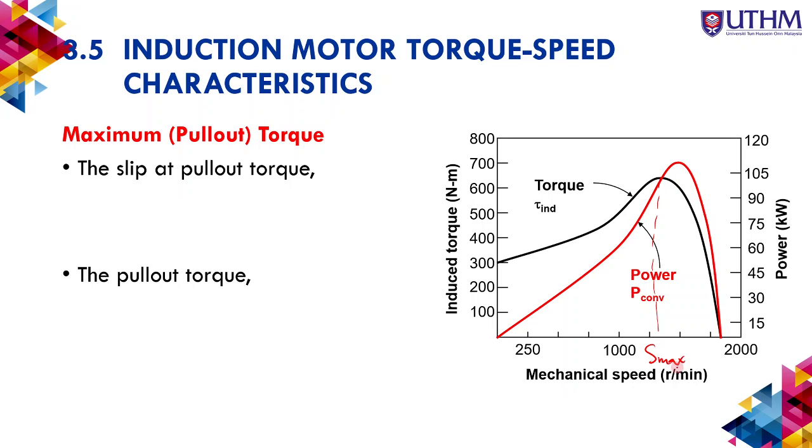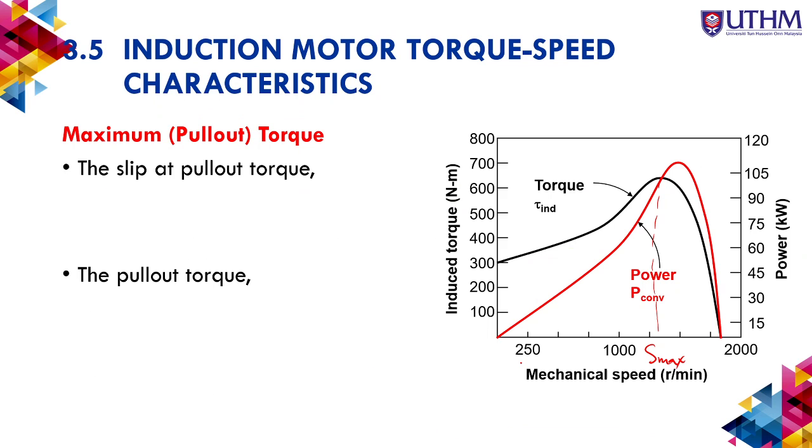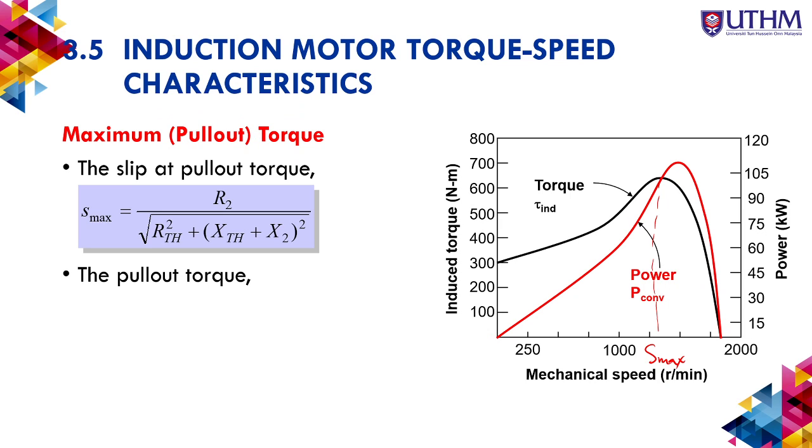How do we calculate the slip max? We calculate the slip by using this equation. At the pull out torque, the slip max is equivalent to R2 divided by the root of RTH squared plus (XTH plus X2) squared.